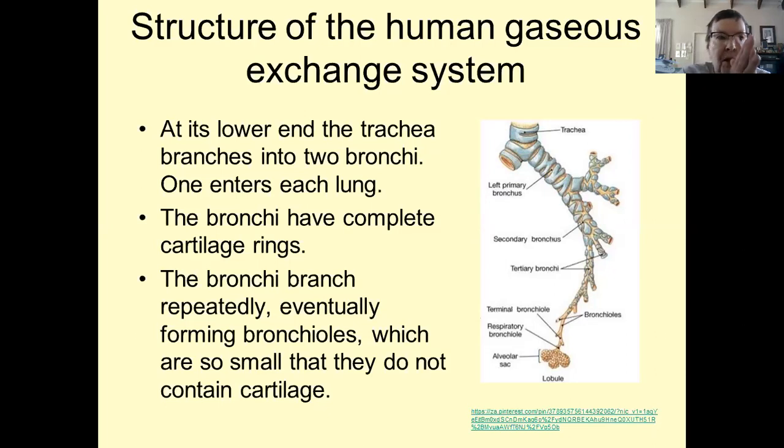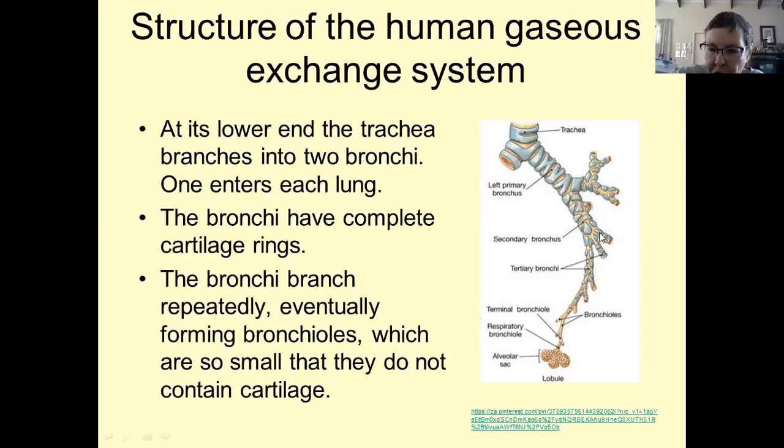We're going to talk about that a little bit later on when we talk about blood vessels. And the bronchi have complete cartilage rings. They're not C-shaped. They go all the way around the bronchus, which is very logical if you think about the fact that the esophagus doesn't lie behind the bronchi. And so it's not necessary to have the little C-shaped ring. They can have the complete rings.